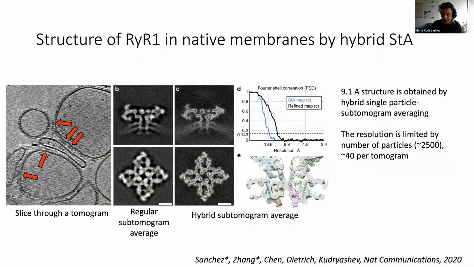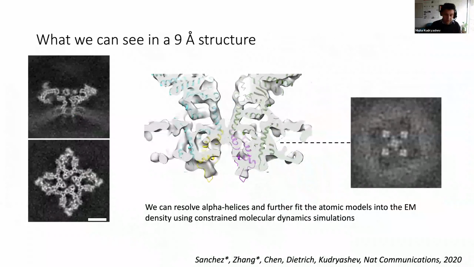So we have roughly 2,500 particles with symmetry, and I assume that the limit of our resolution is directly the number of particles. But we're very happy that we can see most of the alpha helices, and we believe that we could flexibly refine the available atomic models into these maps.